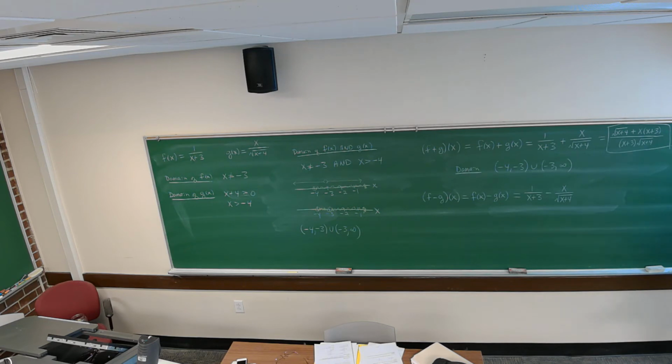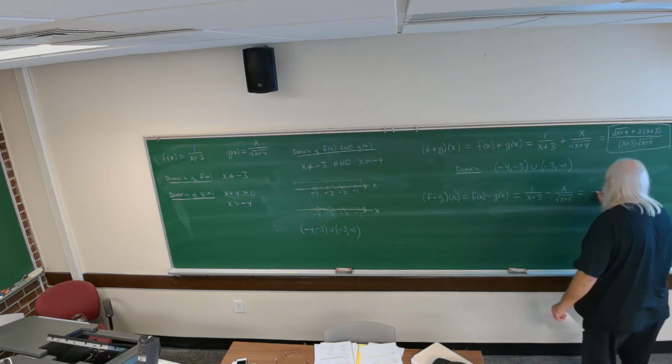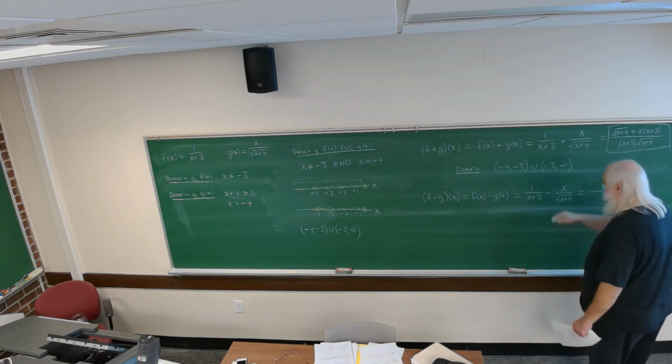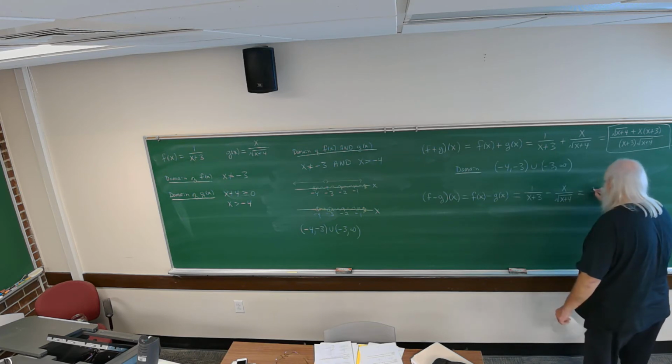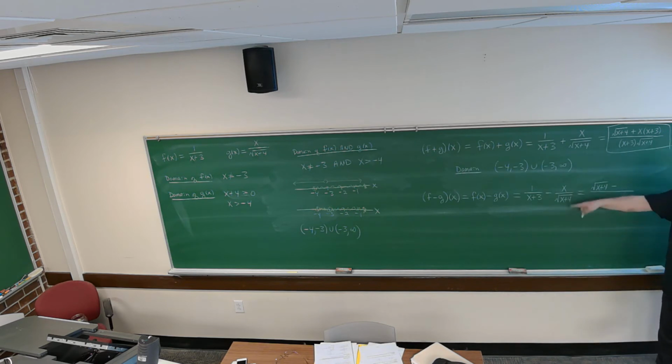Same thing, common denominator is x plus 3 times the square root of x plus 4. And so we multiply top and bottom of the first quotient by the square root of x plus 4, and then we multiply top and bottom of the second one by x plus 3.